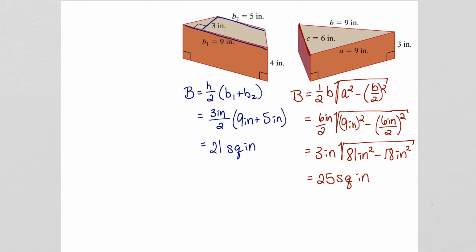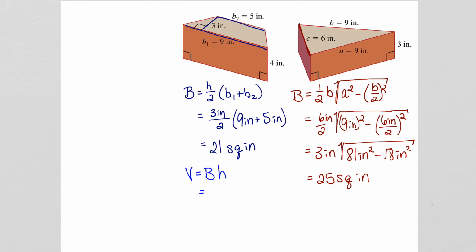And now we'll go back and find the volume of the trapezoidal figure. So it is the area of the base times the height.